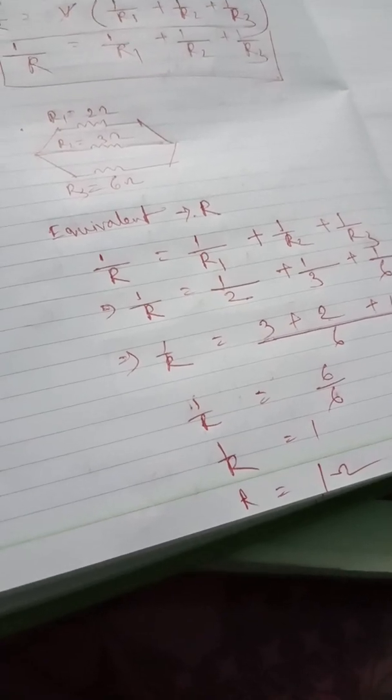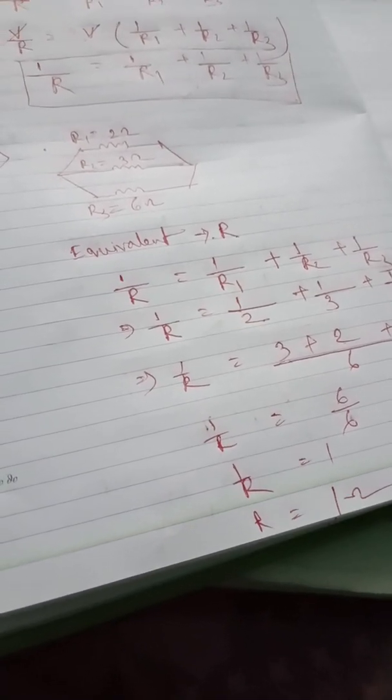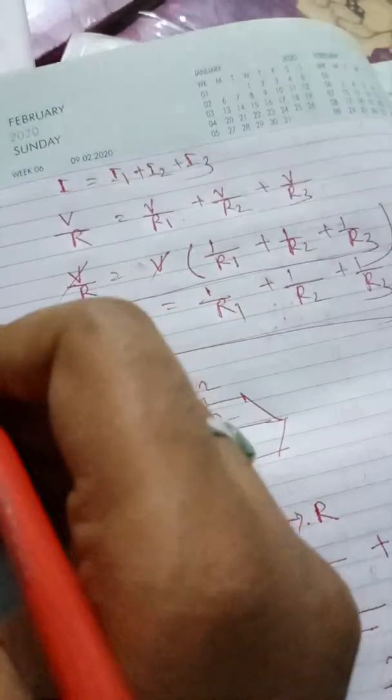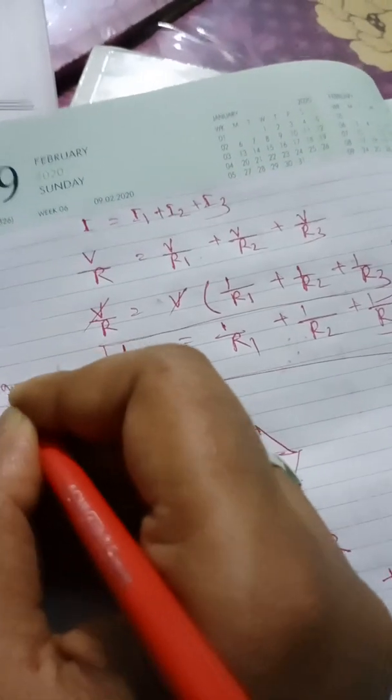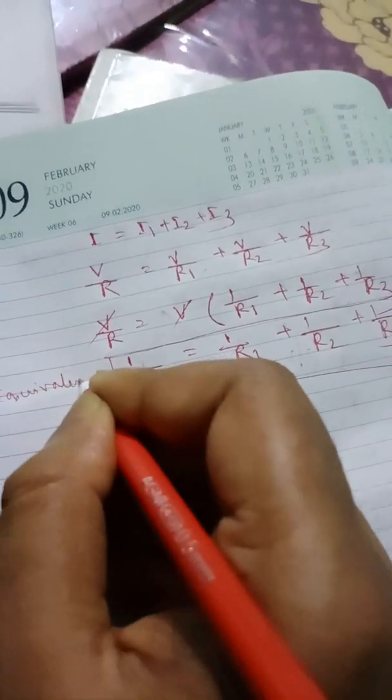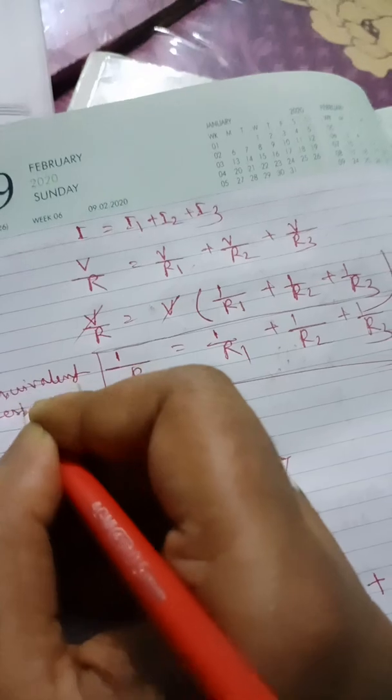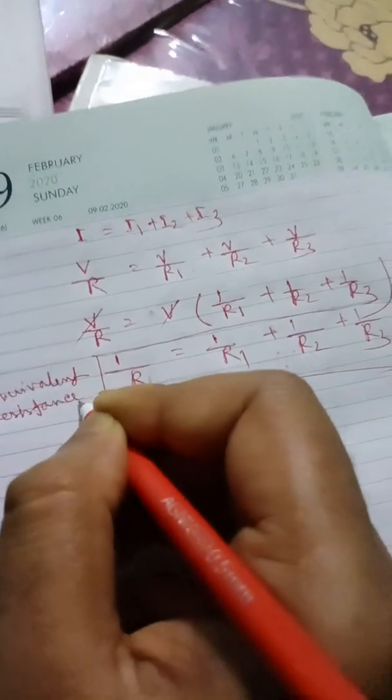So you can prepare a low resistance by using high resistances in parallel combination. So this is about the parallel combination, and this is the main formula of equivalent resistance.